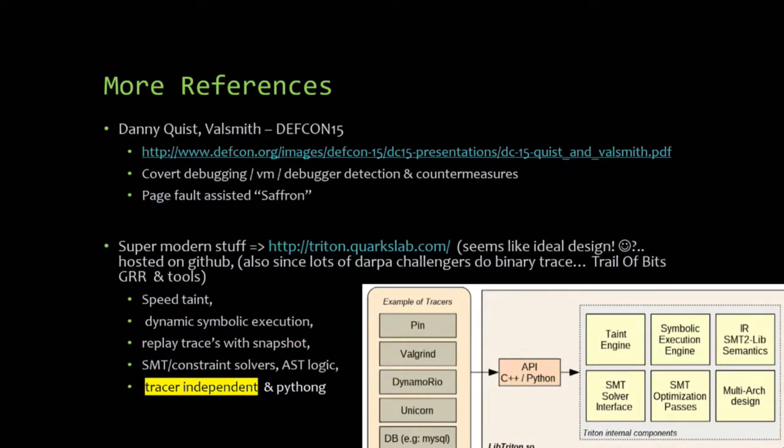Back in DEF CON 15, here's a paper, they're talking about covert debugging. Well, in a sense, this EhTrace stuff is sort of like an in-proc debugger. So all of our debugging happens in-proc, in the same address space as what you're looking at. What makes it nice is that you don't have to use base pointers all the time.